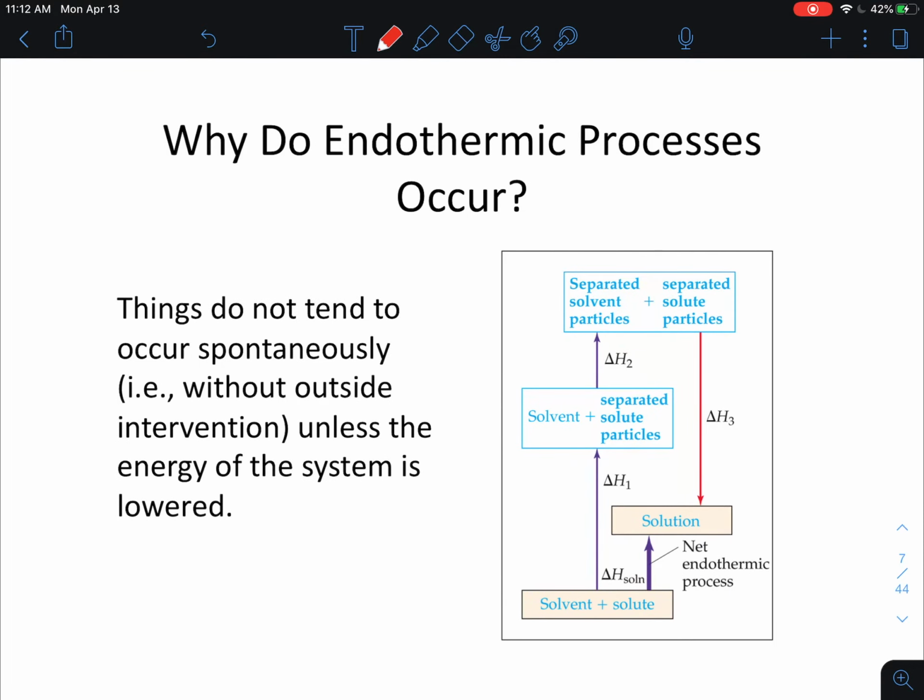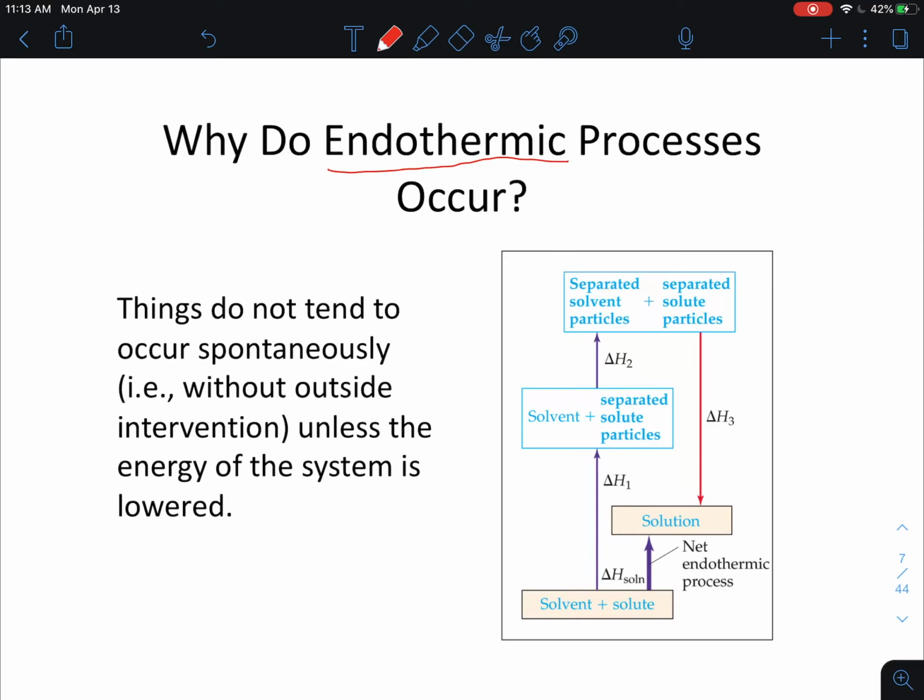So if we think about a dissolving process, there are lots of solids that if I pour them into water, they'll dissolve, and in dissolving, energy will be released, and I could observe that energy being released as the solute dissolves into the solvent, and then we'd be able to say, well, the dissolving process is exothermic. But now here we're asking, now that we have a picture of what dissolving is, why do endothermic processes occur?